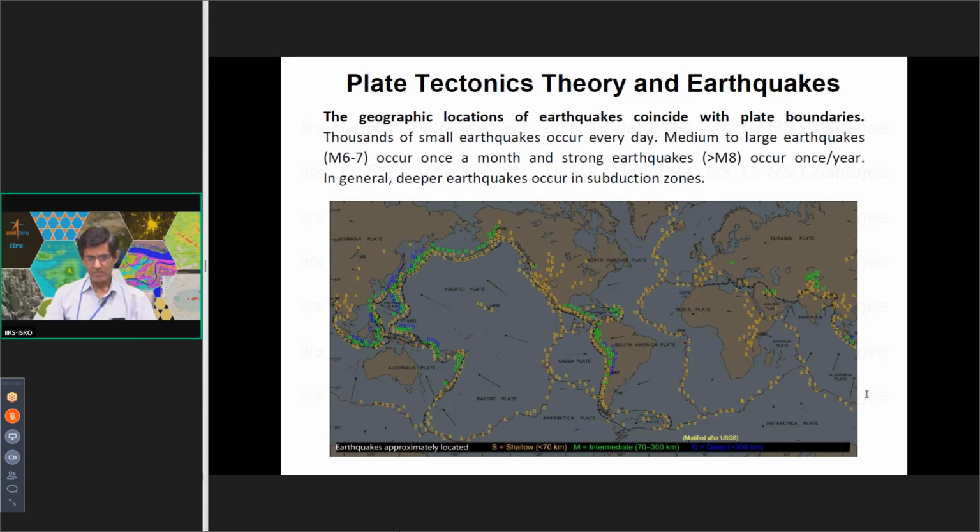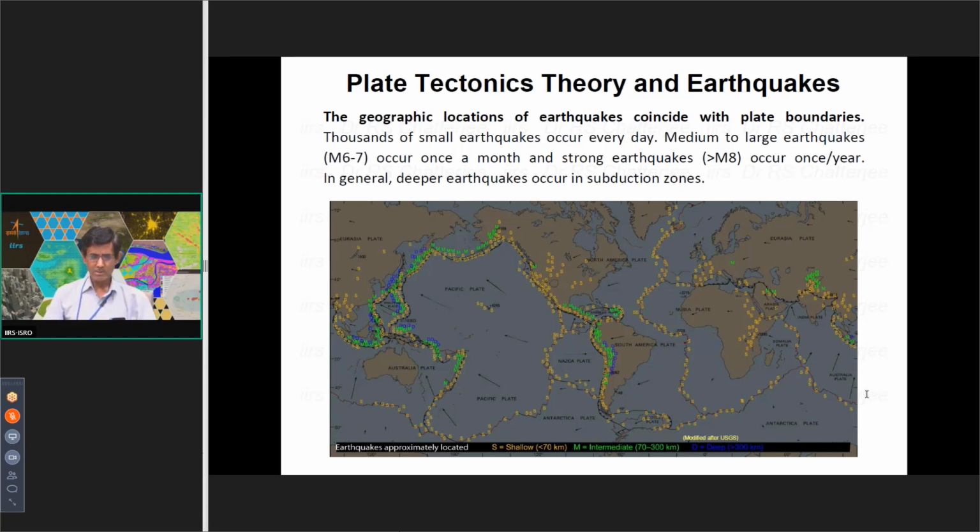If you see the pattern of earthquake occurrences, there are certain lines, and these lines coincide with the boundaries of the plates. Some are shallow, some intermediate, and some deep, but essentially almost all the earthquakes occur along the plate boundaries.